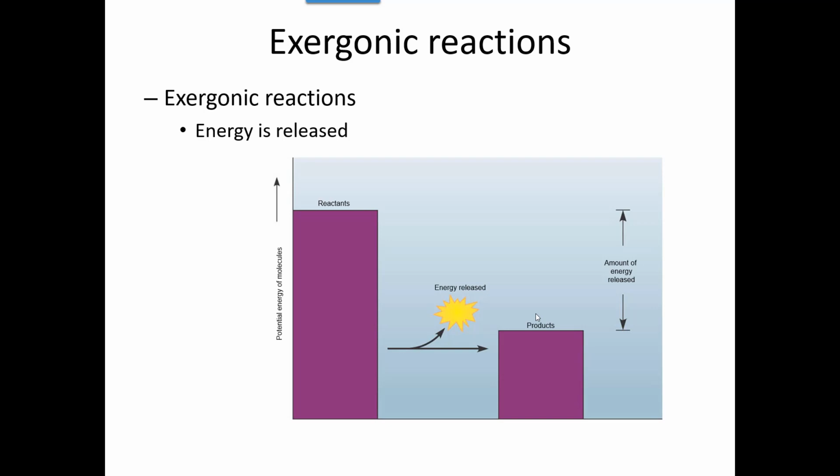An exergonic reaction means heat is lost, it is given out. And so we can see if the reactants have quite a bit of energy to start with, they can lose energy and the products now have less energy. So they are opposites of each other, because again, we can have chemical reactions that require energy to go in, we can have reactions that are going to release energy.